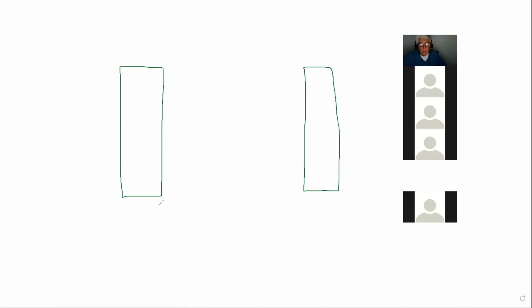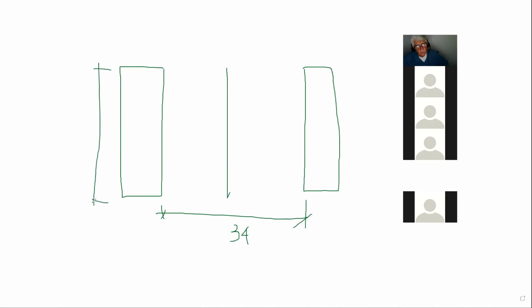Okay, so this here has a span right now of, I forgot what he told me, I think it was 34 feet. And in this direction it's 40 feet because these containers are 40 feet long, you know, when they're sitting on the truck.